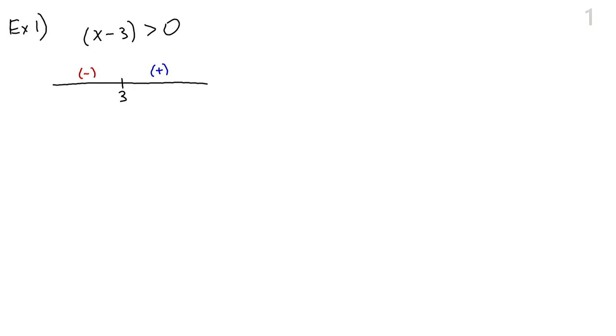If you plug in a number that's higher than 3, then x minus 3 is going to be positive. If you plug in a number less than 3, it's going to be negative. And so the solution to this simple linear inequality, written in interval notation, is 3 to infinity.